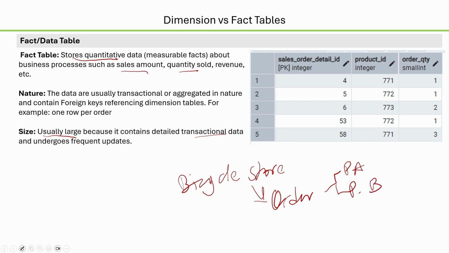We need to keep storage of this information. You can imagine if we have, let's say, 1,000 customers in a day that place multiple orders, how big this data can really be, and that's why it's large in nature. For example, the table you are looking at is at this level.